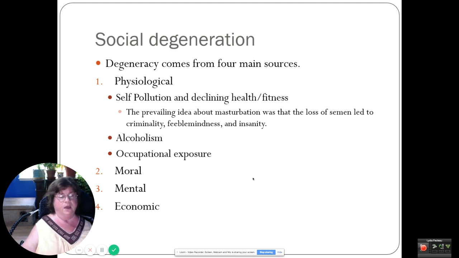Alcoholism, and finally, there was occupational exposure. They did submit that some occupations could result in declining health or fitness. In particular, ones they focused on might be mining, particularly coal mining, and of course, particularly among children, chimney sweeps.